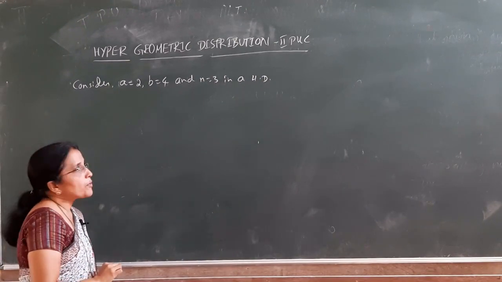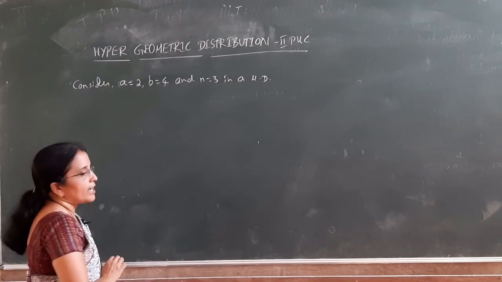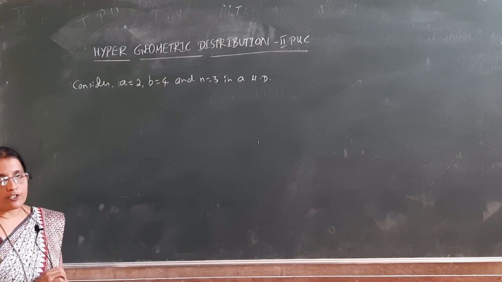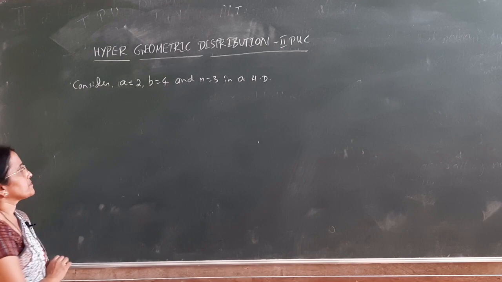Then write the probability distribution of the hypergeometric variate X.